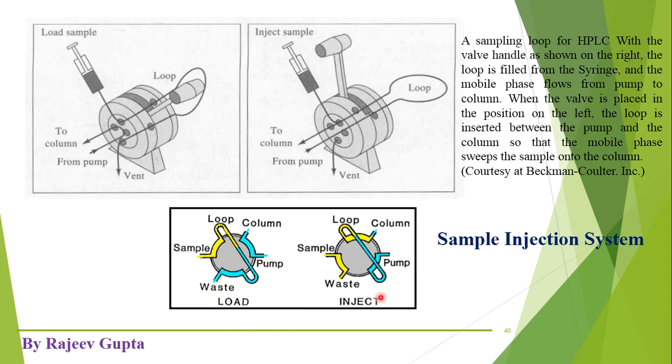And when we rotate or switch our valve, and this sample loop comes into contact with the main stream of the mobile phase, that is called actual injection of our sample into the column, into the instrument. So these are the two diagrams we have to draw for the sample injection system.